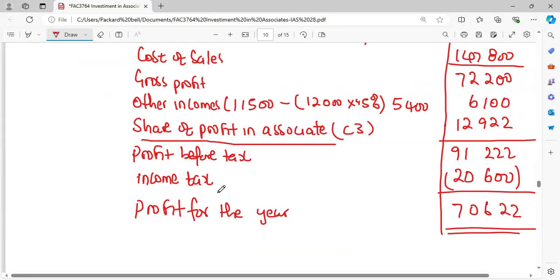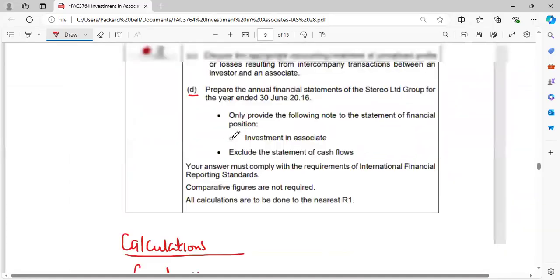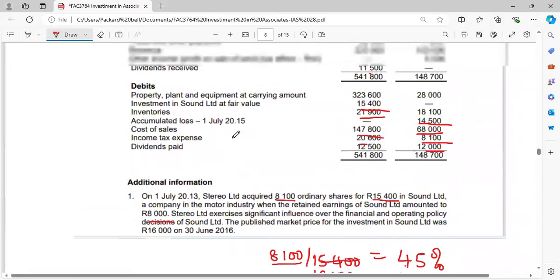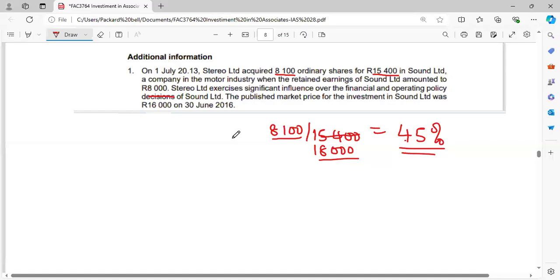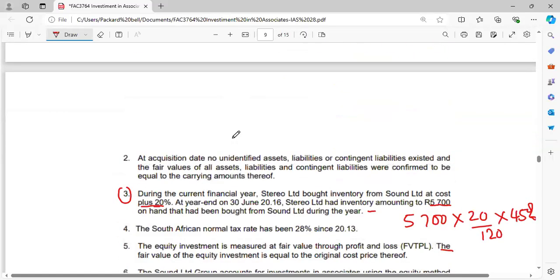Yes. Okay, right. So what happens here is, the first thing that you do is you look at who made the profit. In our case, during the current financial year, Stereo Limited bought inventory from Sound Limited.